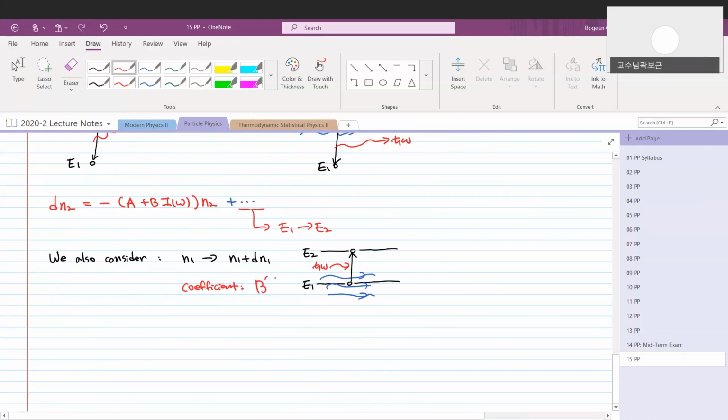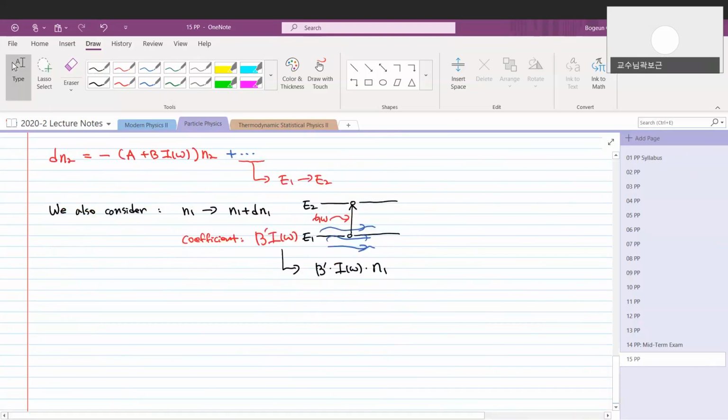The coefficient is B prime I omega. And then, okay, we can write down here such a relation or probability: the number of particles moving from E1 to E2 is B prime I omega N1. Because if there are many particles at the E1 state, then there is a much higher probability of particles moving to E2.